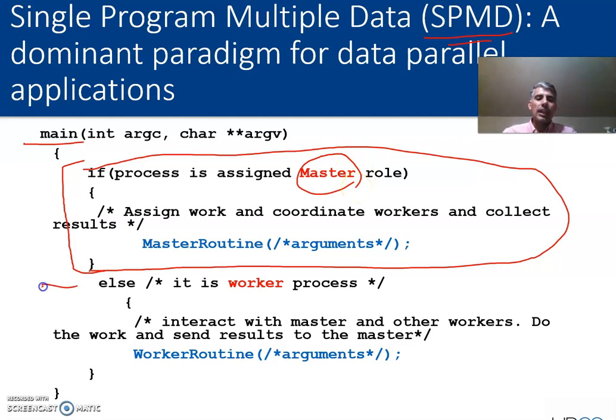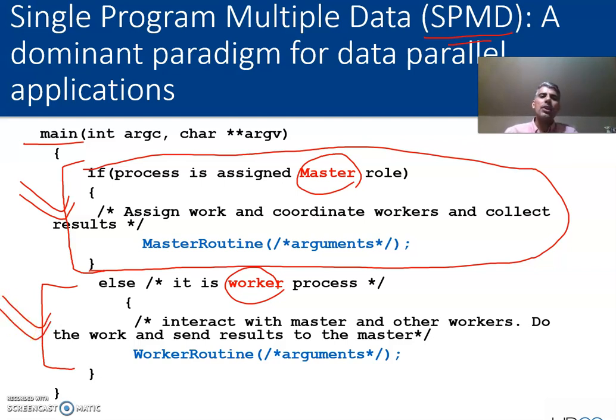And then we have a big else part. That is the worker part of your program. In other words, when you run this program, one of the processors, one of the machines, will run this part and play the role of a master machine, and all other machines play the role of worker machines.